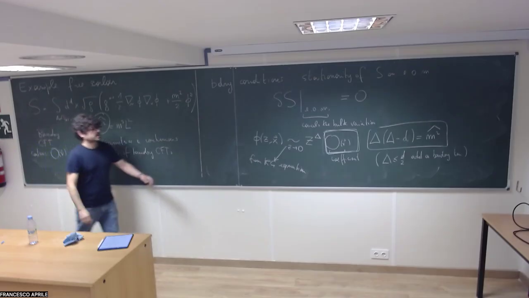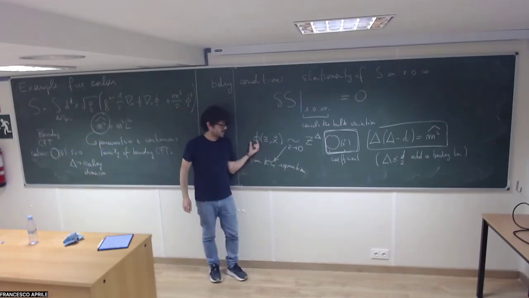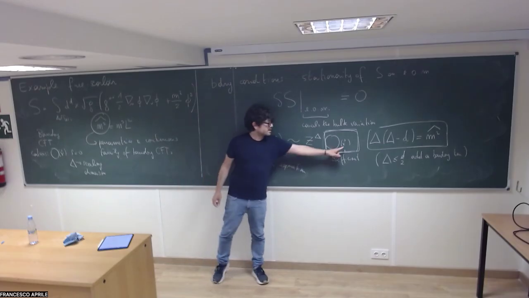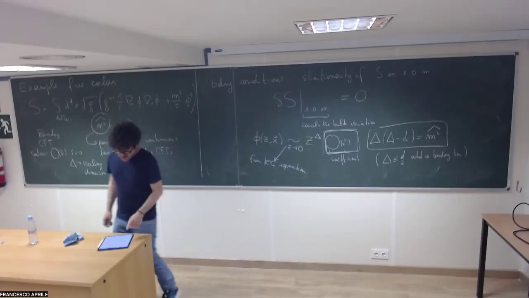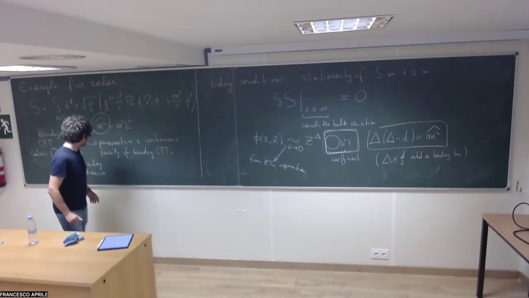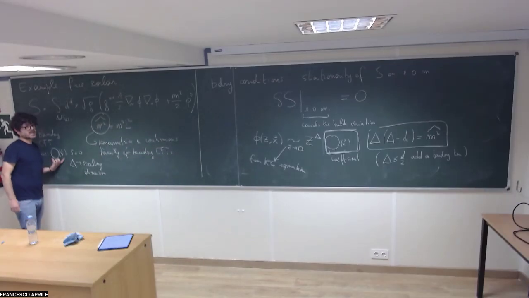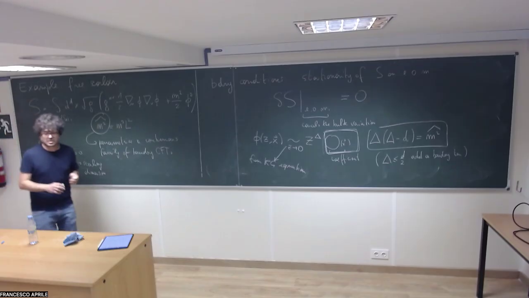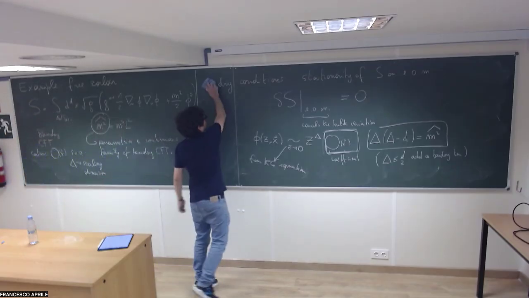This you can easily check because under the isometry this is a scalar, right? So if you rescale both z and x, z rescales, x rescales, and this needs to soak up the power of z. So it means that it's an operator of dimension delta. And since our theory is Gaussian, it means that all the correlation functions of this O can just be computed with contractions.